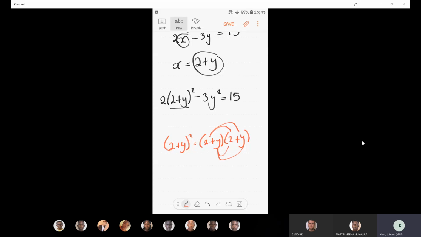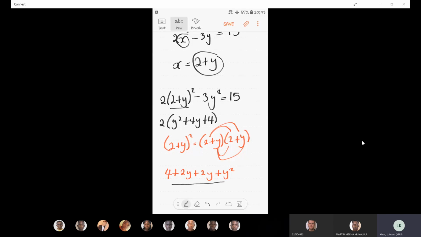And then you will get 4 plus 2y plus 2y plus y squared. And then when you simplify it, you have y squared plus 4y plus 4. Okay, so I've simplified this one.